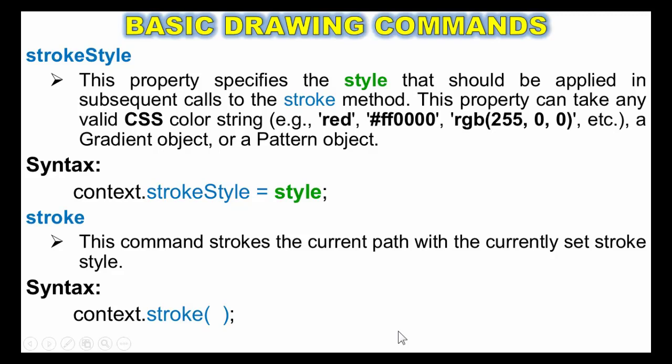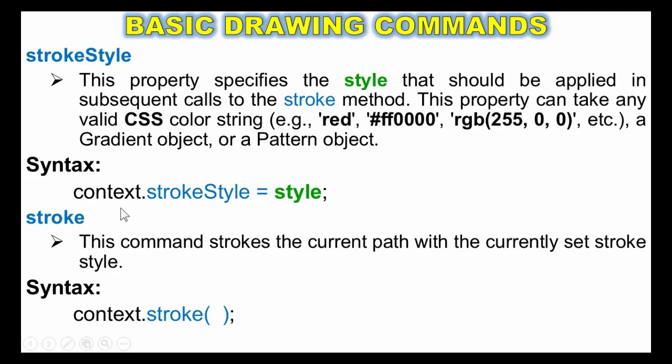This property can take any valid CSS color string, for example, the string red, the string #RRGGBB, a number sign followed by hexadecimal red, green, and blue, or the command rgb, where you specify the red, green, and blue from 0 to 255, etc. A gradient object or a pattern object. In other words, this strokeStyle allows you to specify the color of the stroke.